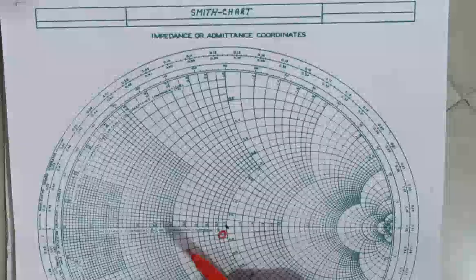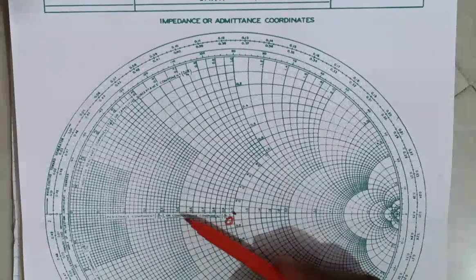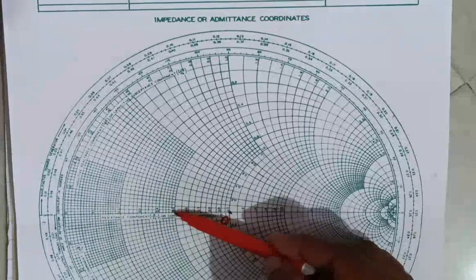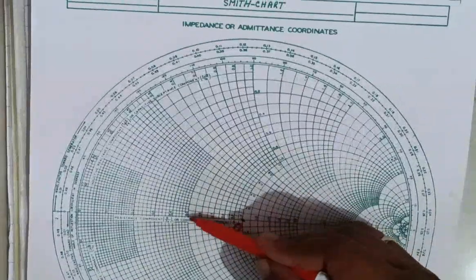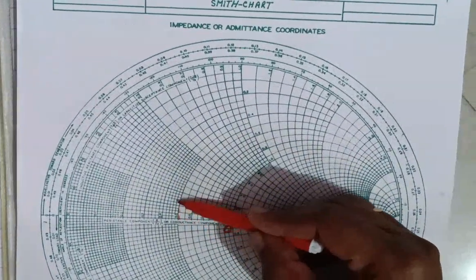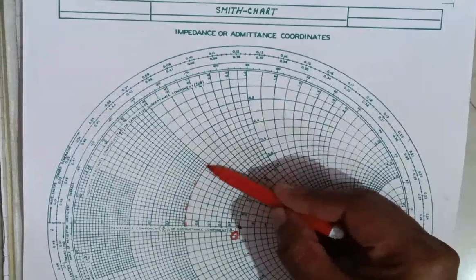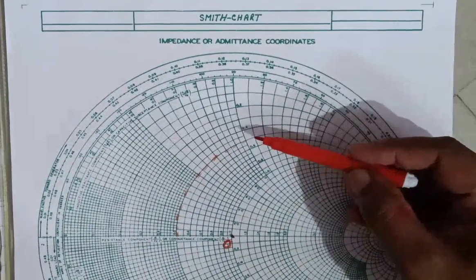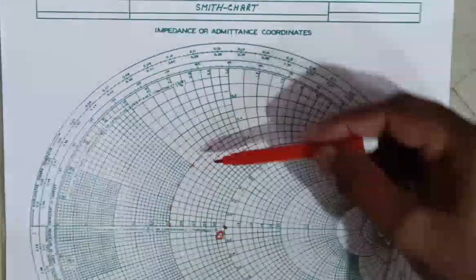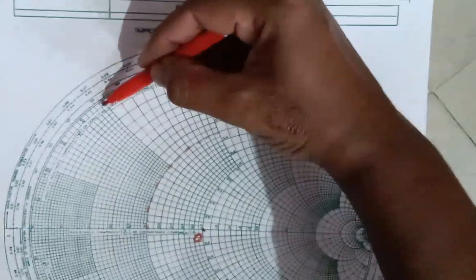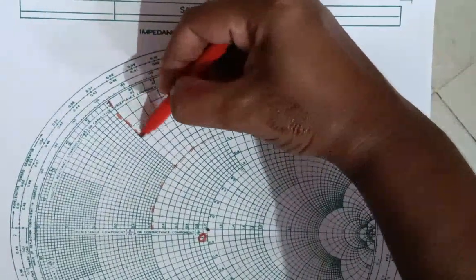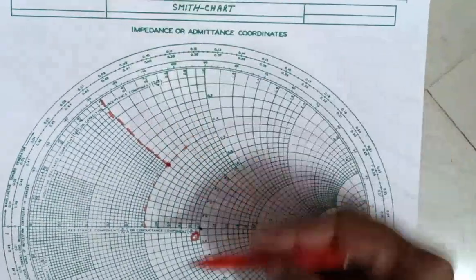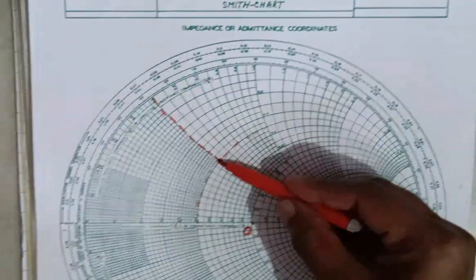Next, we want to plot the resistance circle. These circles are the resistance values. So this circle is 0.5. Next, the reactance value is also 0.5. These two values will meet at a point.